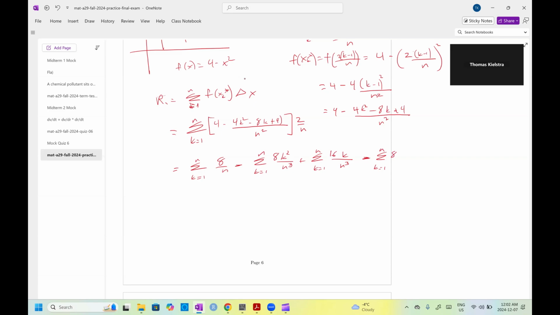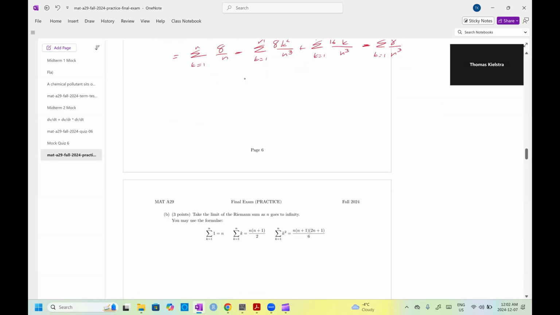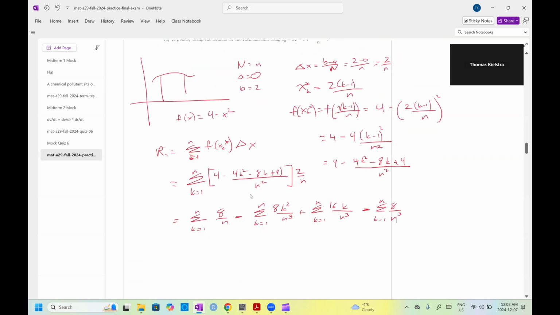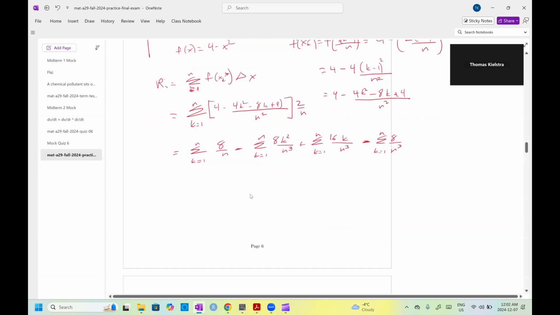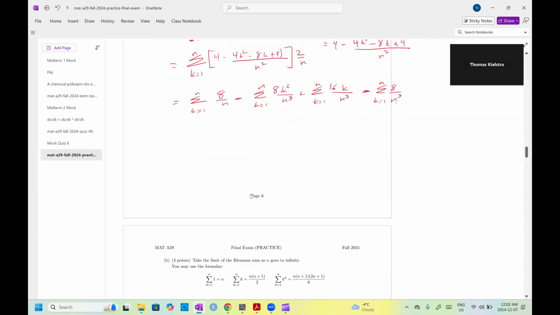minus the sum k equaling 1 to n of 8 over n cubed. And now I would like to use these formulas to further simplify this expression. Before using them, I'm going to rewrite it in a slightly nicer way.